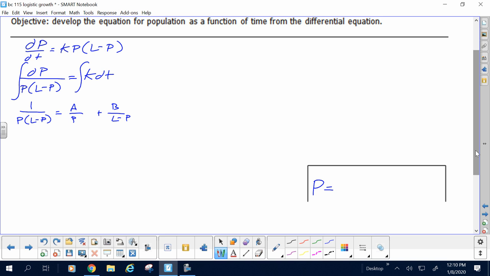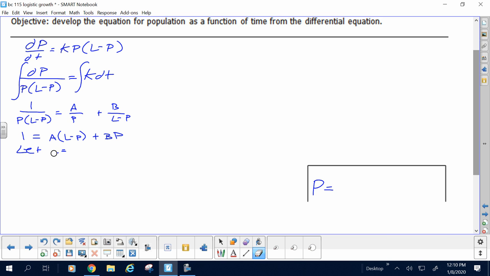Let's clear the fractions by multiplying by the common denominator. What do we get when we do that? 1 equals A times (L minus P) plus BP. Okay? Alright, how do we solve the equation? So many unknowns. Yeah, we let P equal... This is true for all P's. L is a constant.